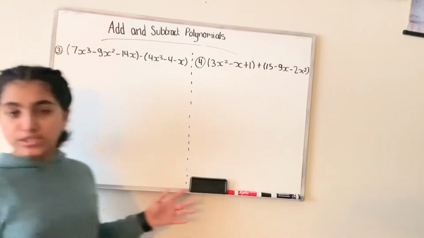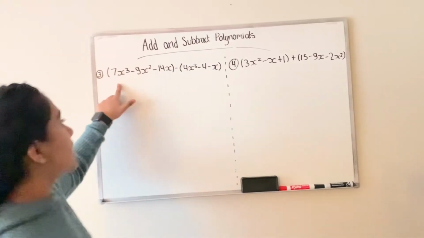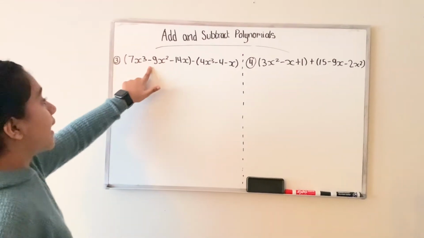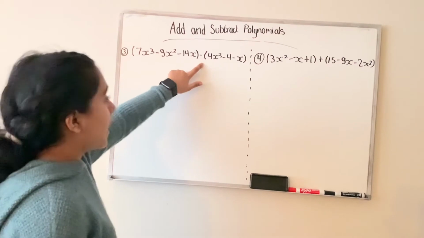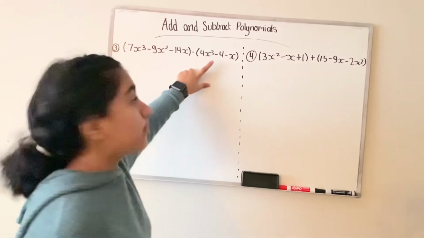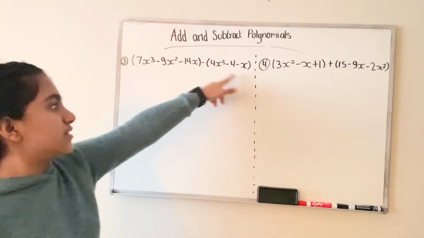Our next two questions are number 3 and 4. Number 3 says 7x to the third power minus 9x to the second power minus 14x minus 4x to the third power minus 4 minus x. So you would distribute the negative to this side right here.